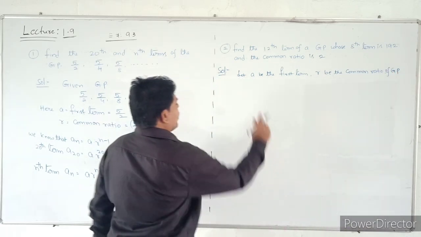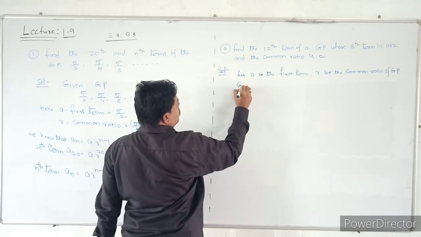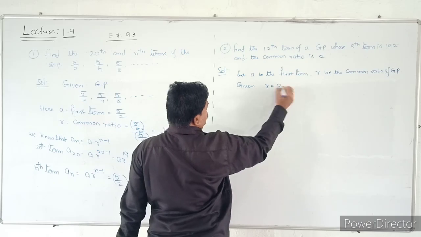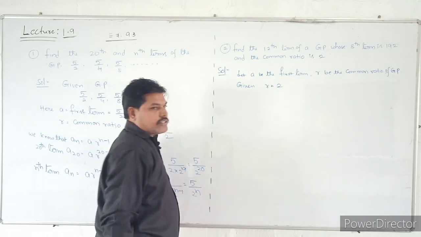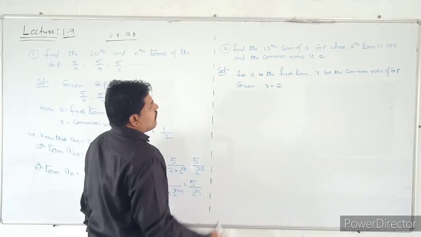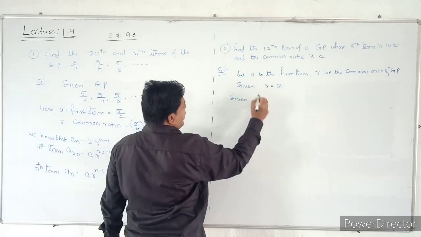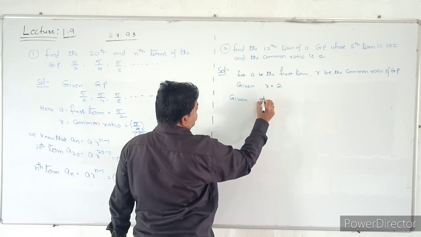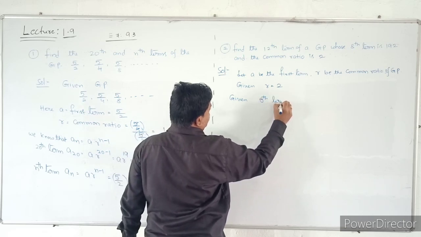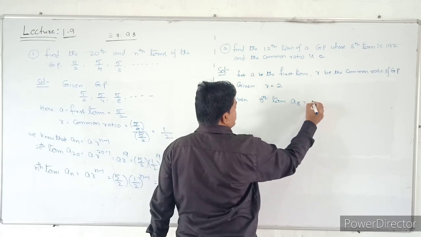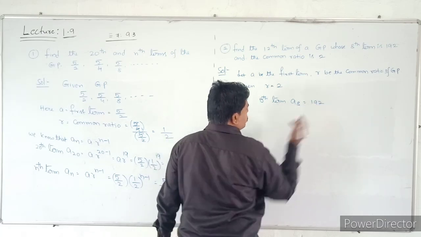So here, already given in the question, R is equal to 2. So they have already given the common ratio value. After getting this, they have given one more condition. Given 8th term, that is A8, that is equal to 192.